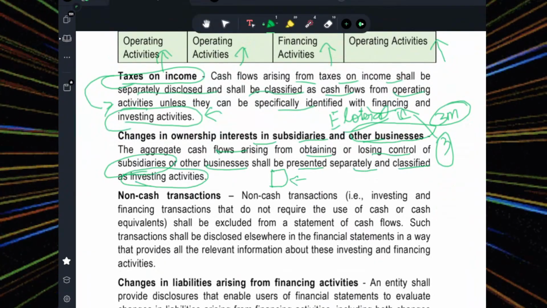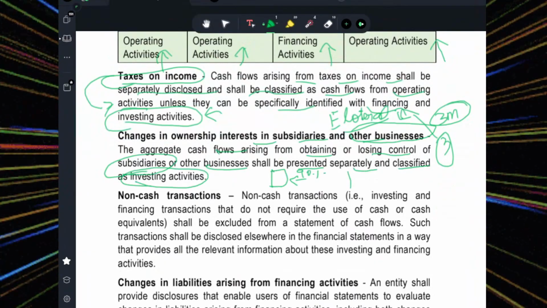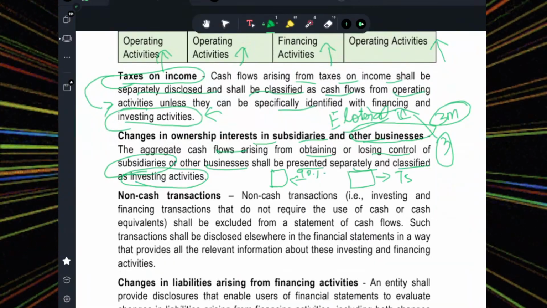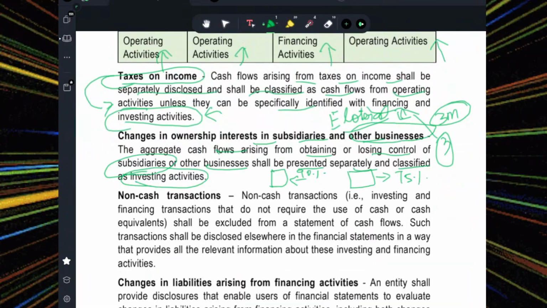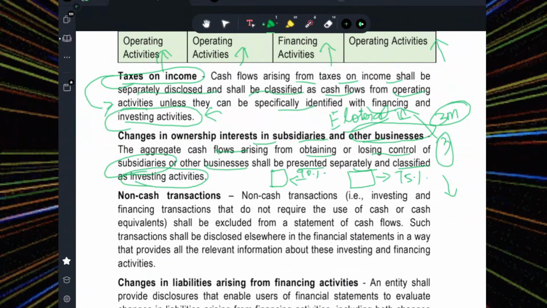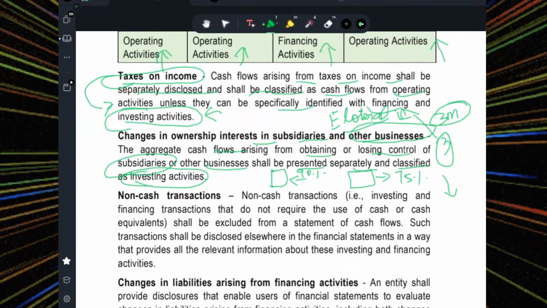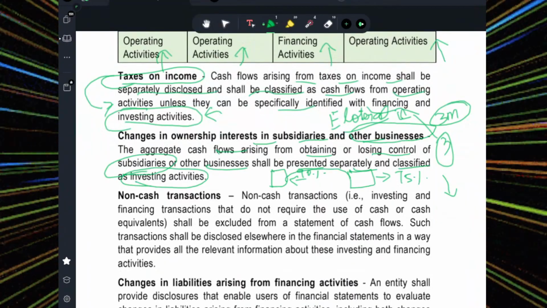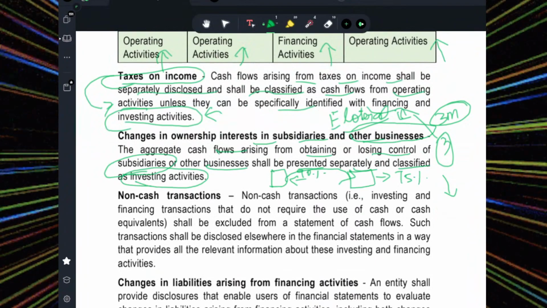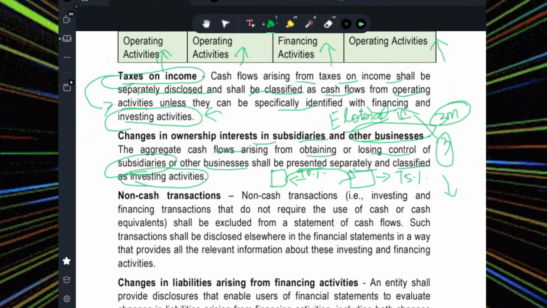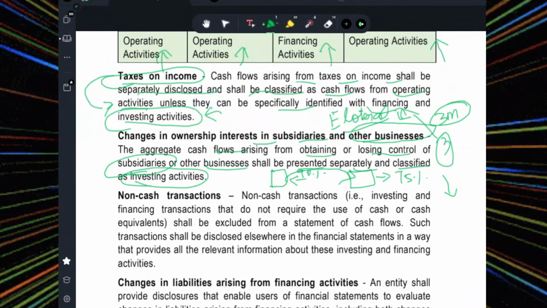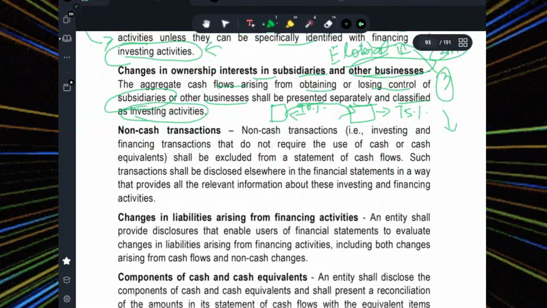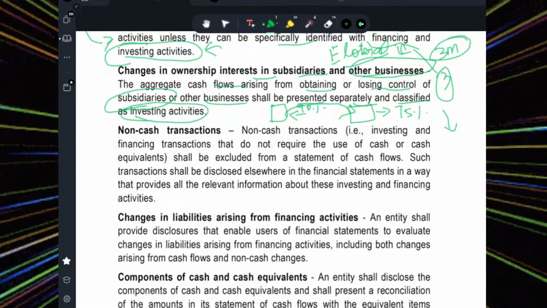This company I hold 90%. Other company I hold 75%. Now, when I reduce my holding, I lose control over this. Right? That you should disclose separately.